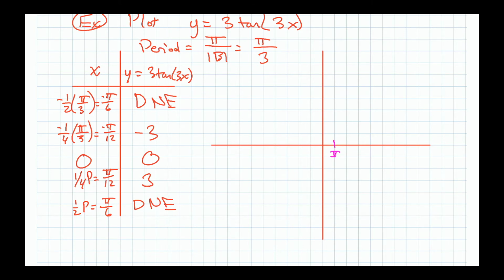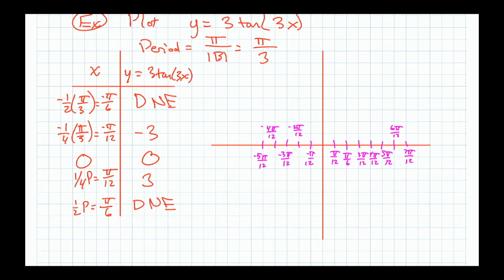So let's call this pi over 12, pi over 6, 3 pi over 12, 4 pi over 12, 5 pi over 12, 6 pi over 12, 7 pi over 12, and negative pi over 12, negative 2 pi over 12, that's negative pi over 6, negative 3 pi over 12, and so on.